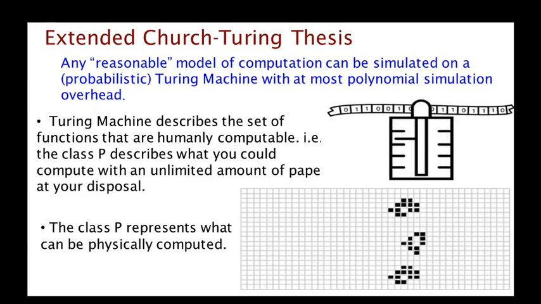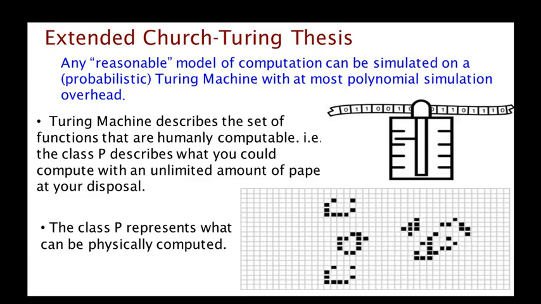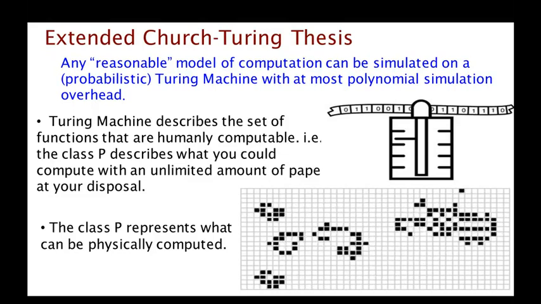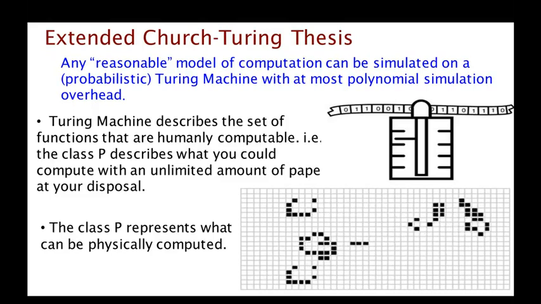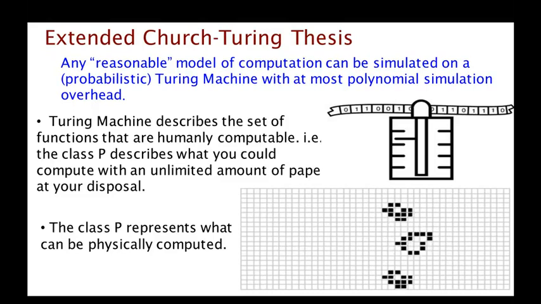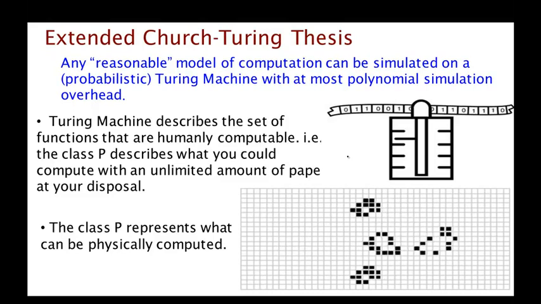So what the extended Church-Turing thesis actually says is that any reasonable model of computation can be simulated on a probabilistic Turing machine with at most polynomial simulation overhead. What does this mean?